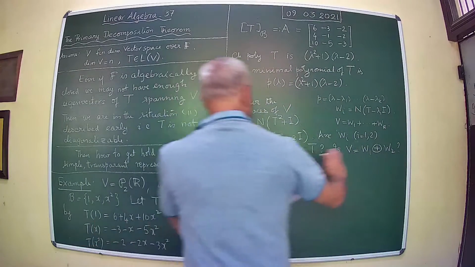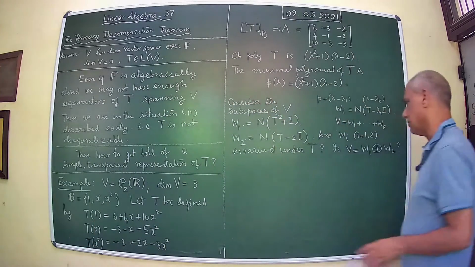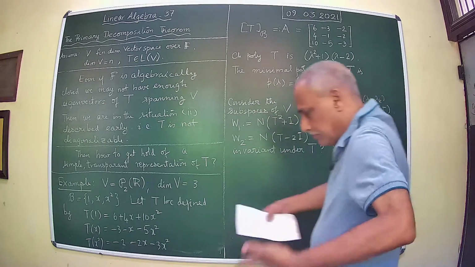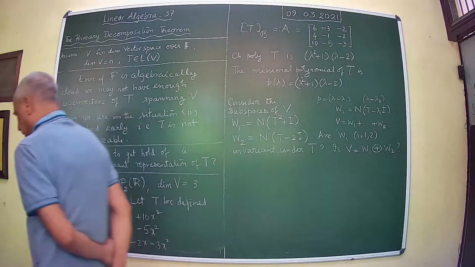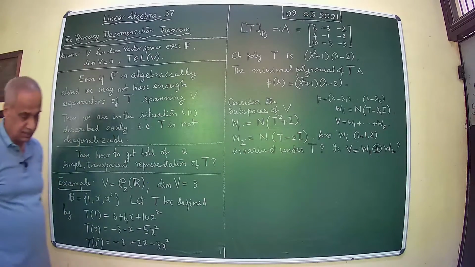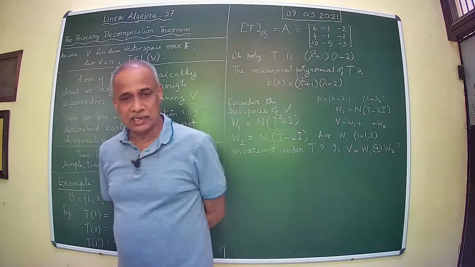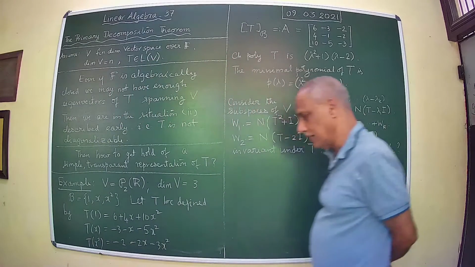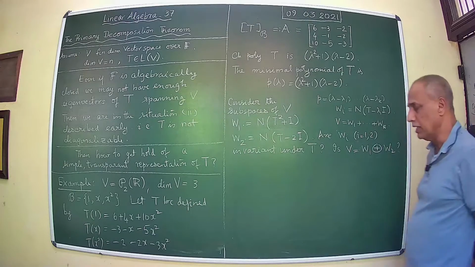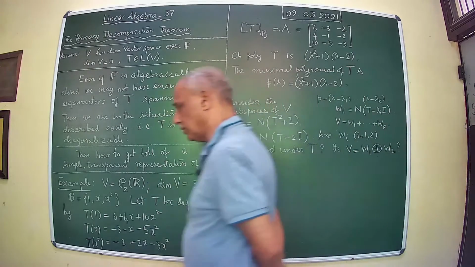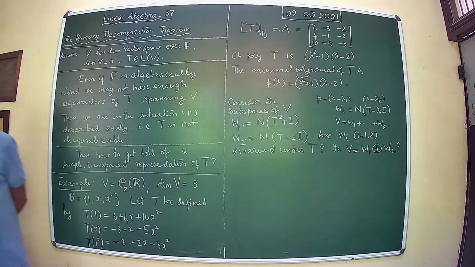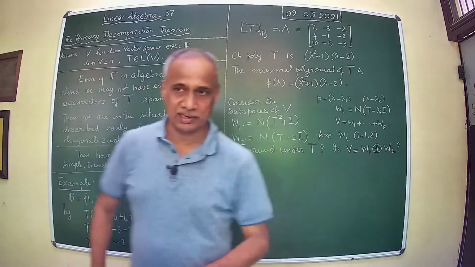If you have an affirmative answer for all these questions, then we see that V can be broken up into a direct sum of subspaces, and consequently, as we have observed earlier, you get the matrix representation reduced into a block. There is a 2 by 2 block and a 1 by 1 block appearing.